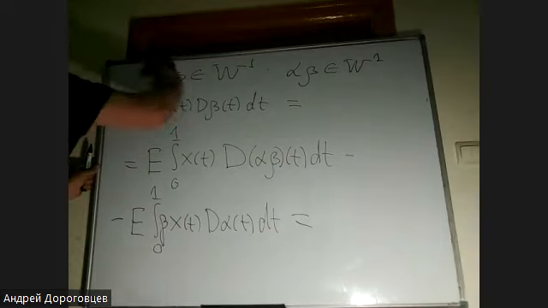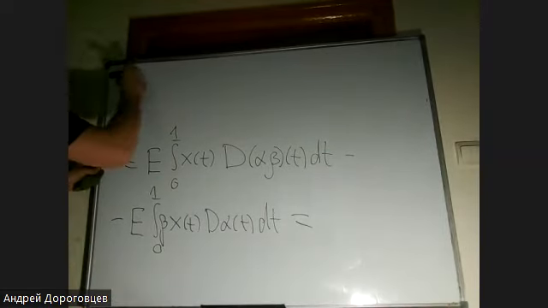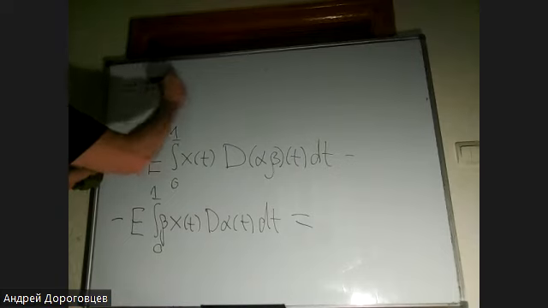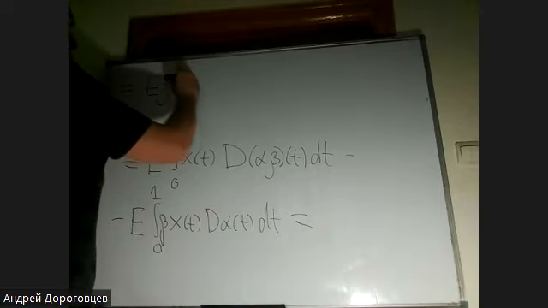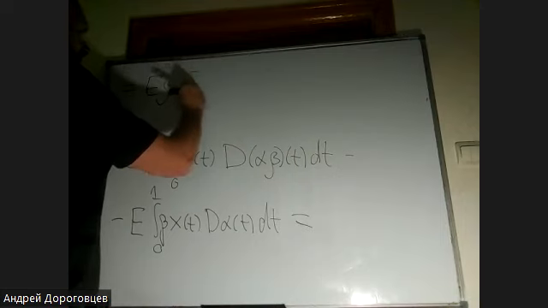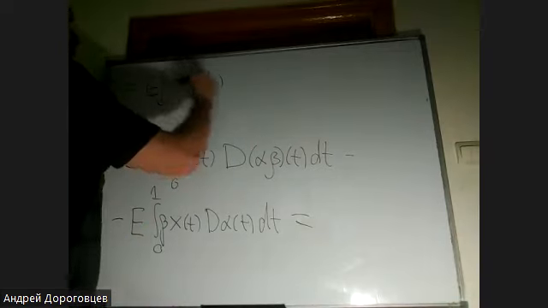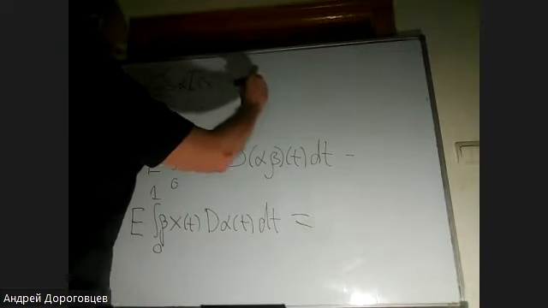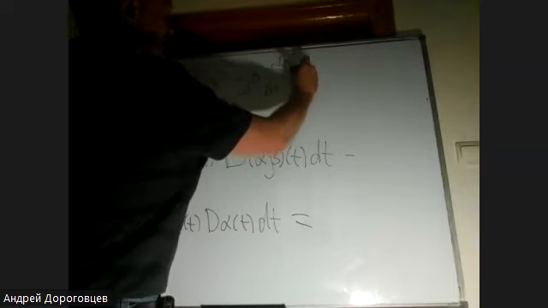So I can continue and write the following. It is equal to E, here is beta, and here is alpha E of x, from this summand, minus beta times the integral from 0 to 1 of x t d alpha t dt.